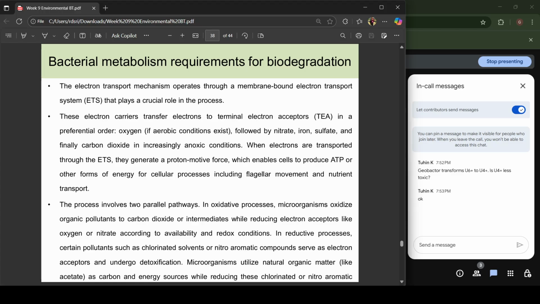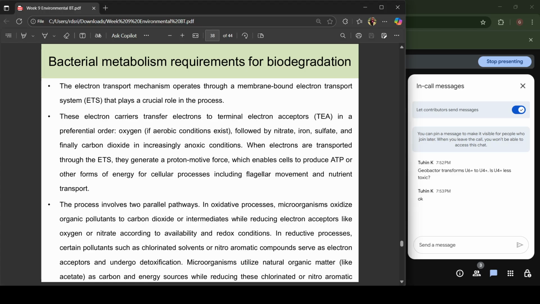which we call an electron transport chain also, ETS or ETC, and it is very crucial in bioremediation. The electron carriers transfer electrons to the terminal electron acceptors. We saw the order: oxygen, nitrate, iron, sulfate, and finally carbon dioxide, in increasingly anoxic conditions. While electrons are transported through this electron transport system, they create a proton motive force.